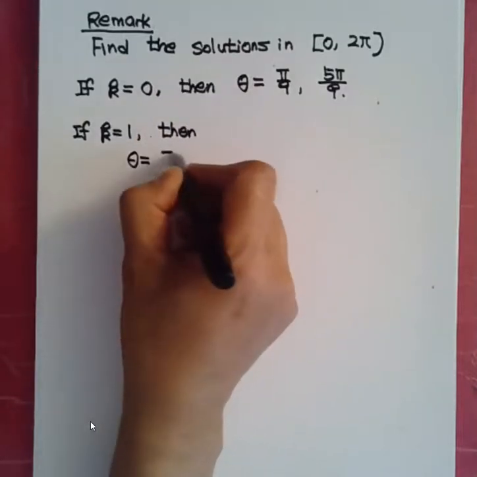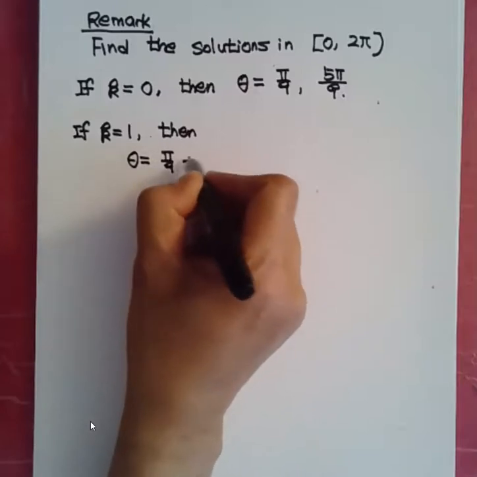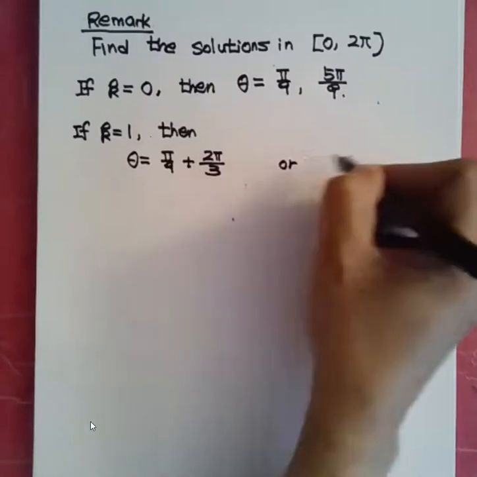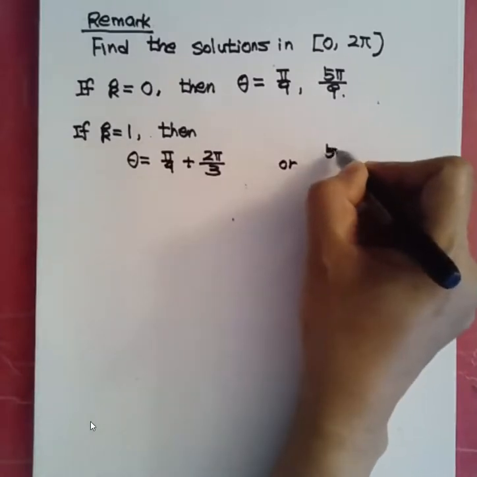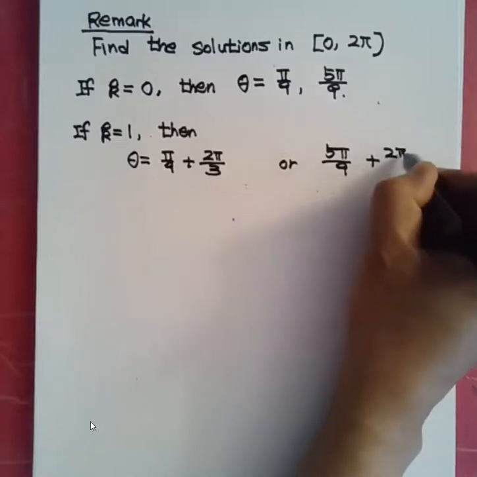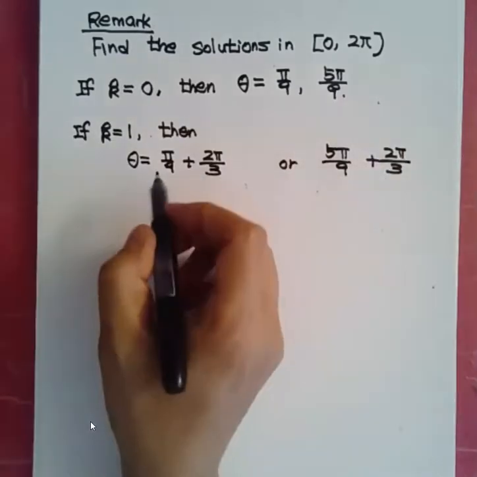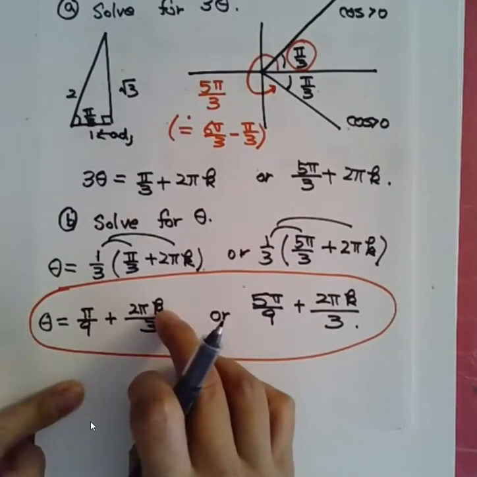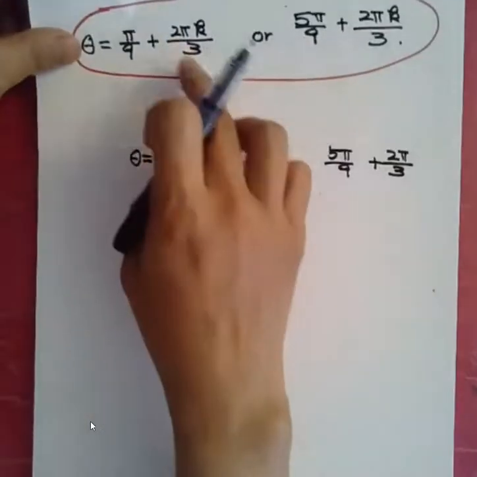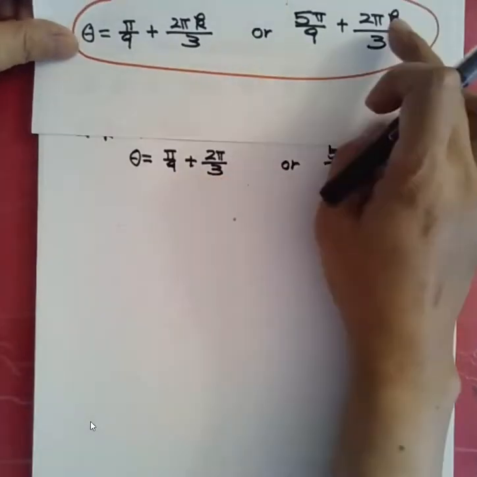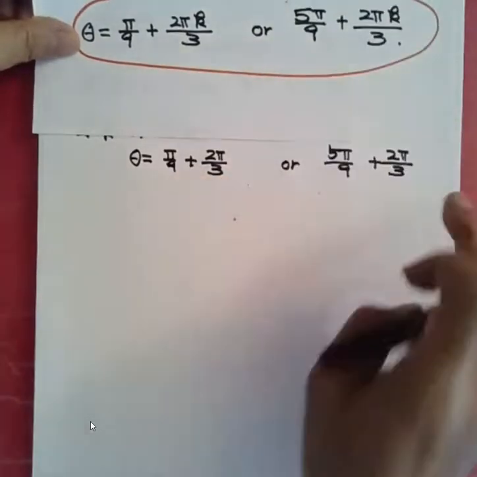Theta equals pi over 9 plus 2 pi over 3, or 5 pi over 9 plus 2 pi over 3. What I did was replace k by 1. So I added 2 pi over 3 for the first and second one.